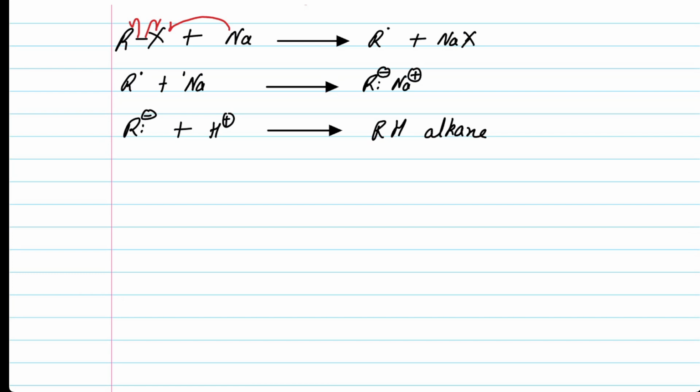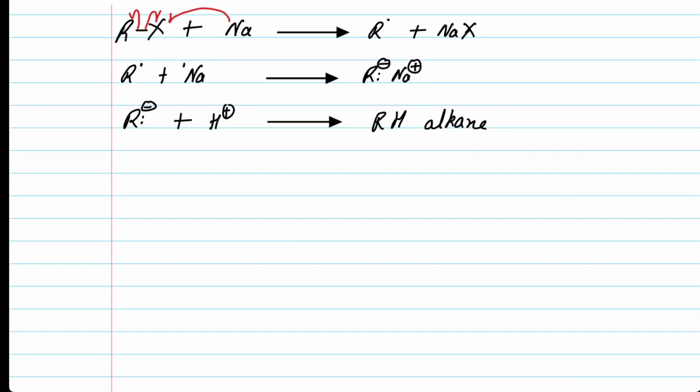For this particular reaction, if we have to convert the alkyl halide into alkane using a metal and H+, the reaction can be generally written as RX reacting with metal and H plus gives us RH along with the metal halide.